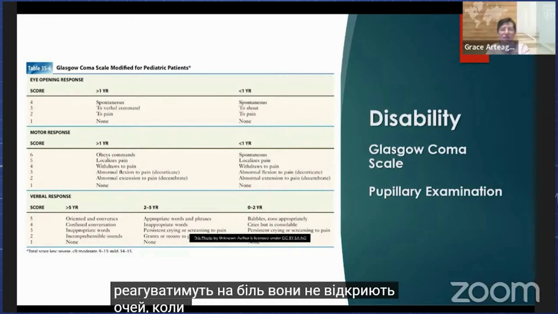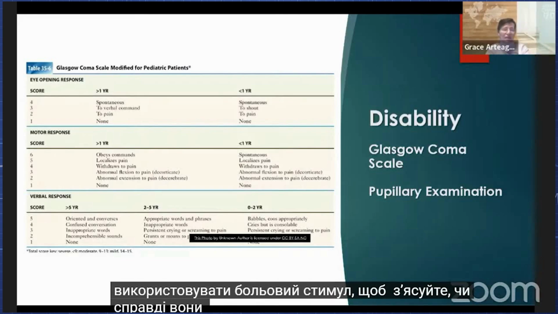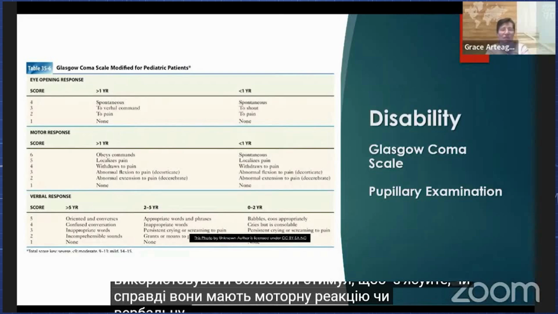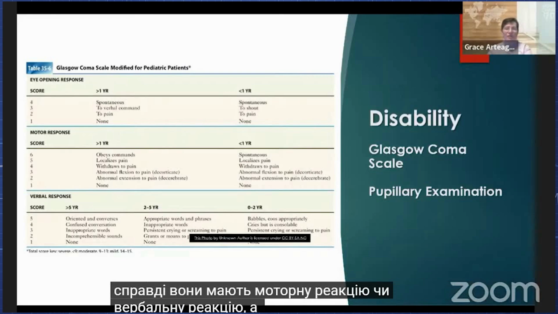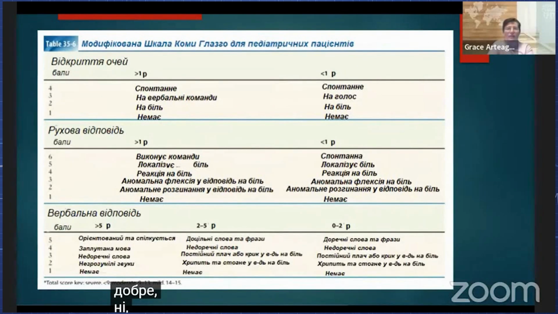They will not open their eyes when you ask them to, right? You're going to have to use a pain stimulus to find out if they are actually having a motor response and a verbal response as well. Next slide, please. Now, this is just the translation for you guys.